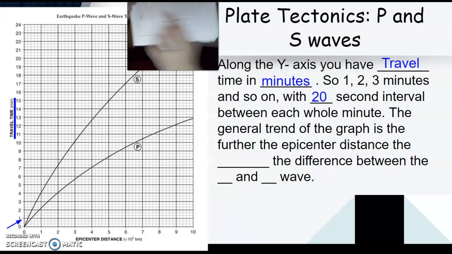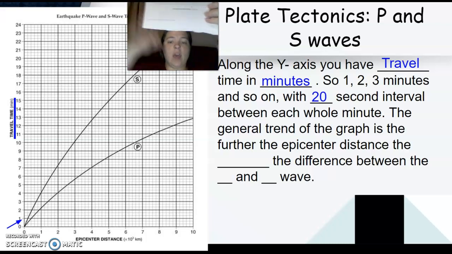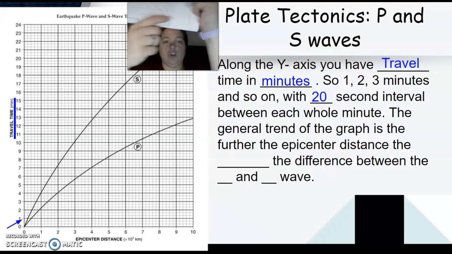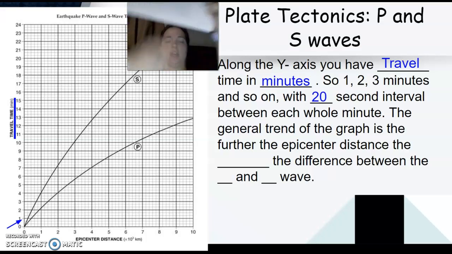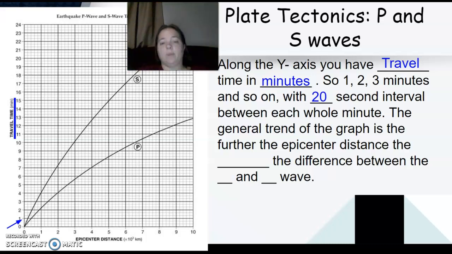And you could even look to right here, like that first line, you could put a little line down and put 200. And on the side right here, that's a minute, but each of those little lines you could put a 20. So it'd be 20, 40, next minute, 20, 40, next minute, 20, 40, next minute.